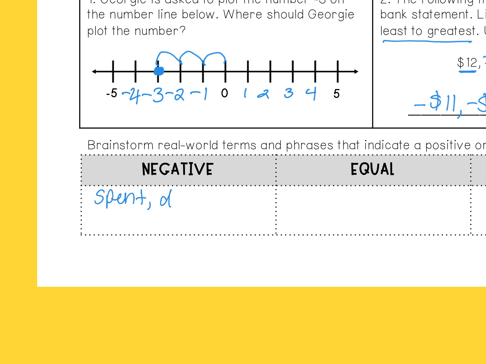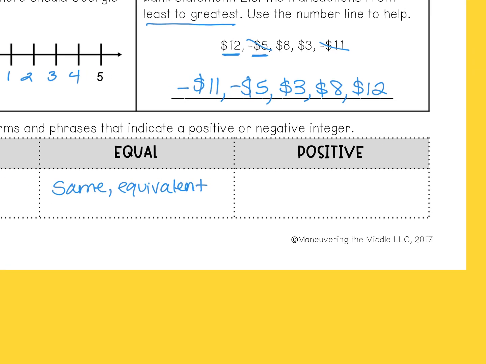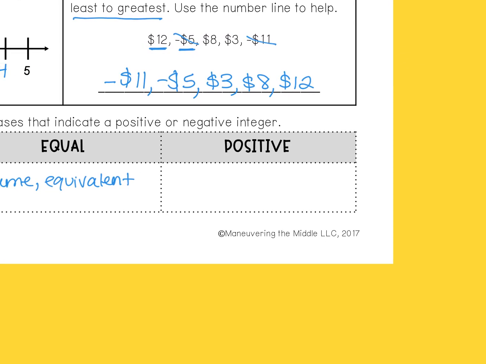Or there was a decrease in value. Equal to would be the same or equivalent. And then when we're talking about positive real-world examples, that would be a deposit or an increase in value.